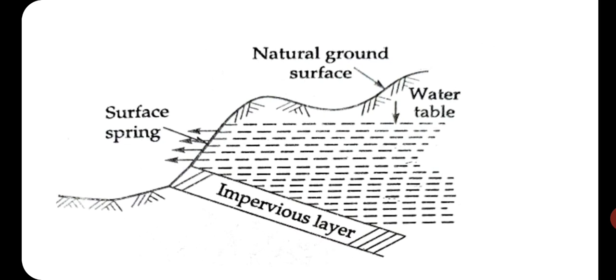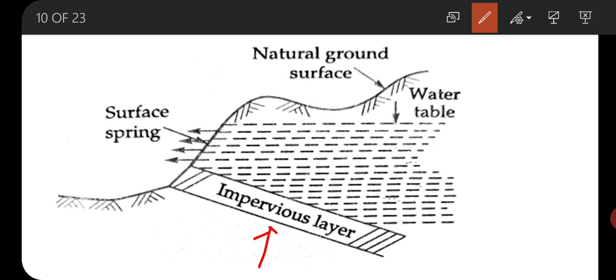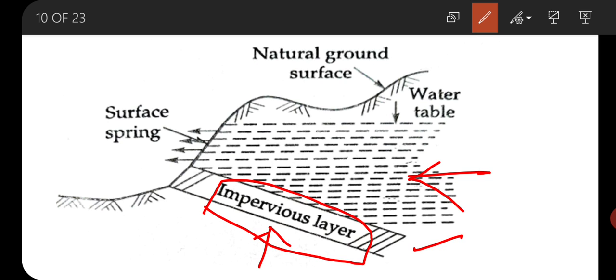In a surface spring, sometimes an impervious obstruction or stratum which supports the underground storage becomes inclined. This impervious layer becoming inclined will cause the water table to go up and get exposed to the ground surface, and will form a spring.